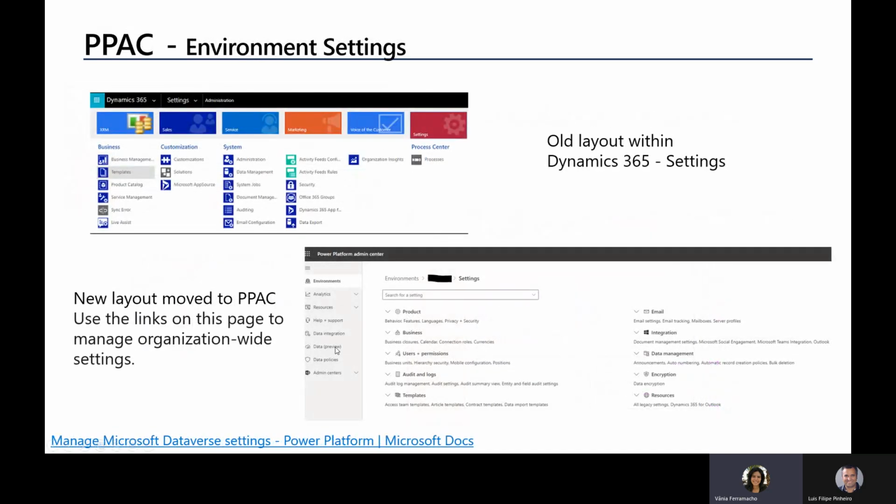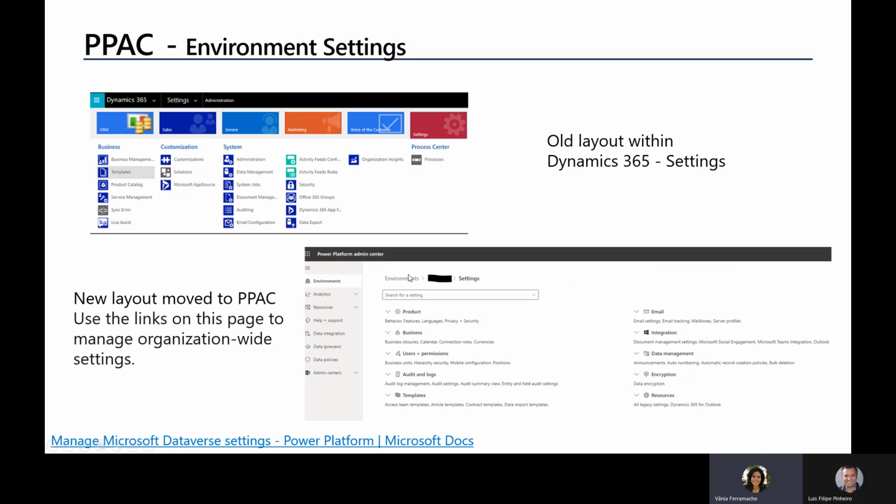Then we have the environment settings, okay? This slide is more to highlight that in the old layout, to access the environment settings, we had to go to Dynamics 365 administration, and you have the entire settings available there. With the new layout, we are moving these options to PPAC, the Power Platform Admin Center.